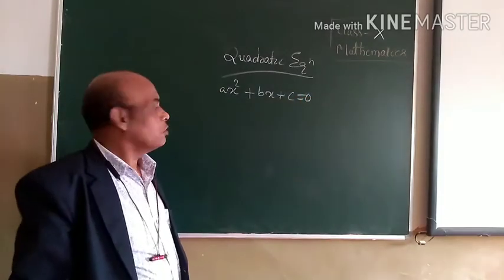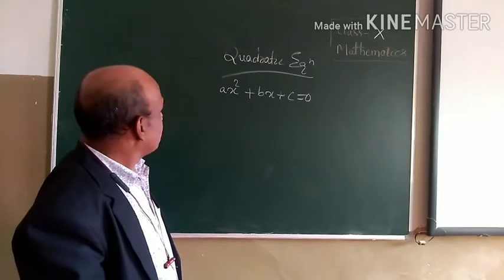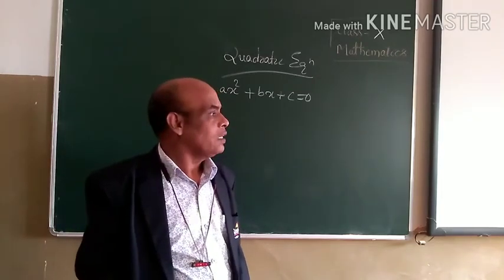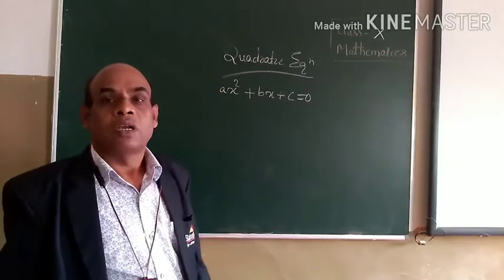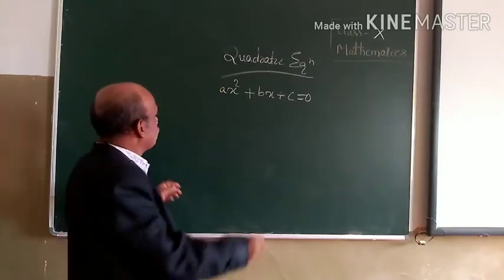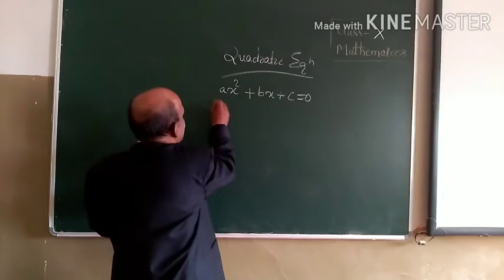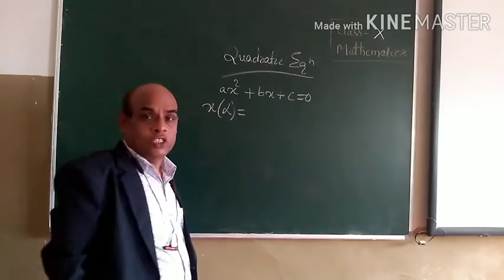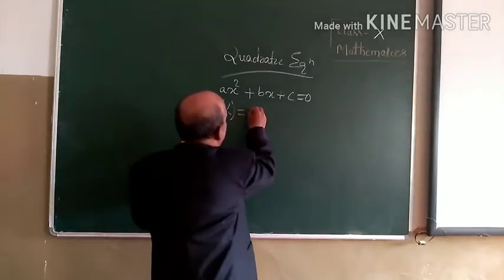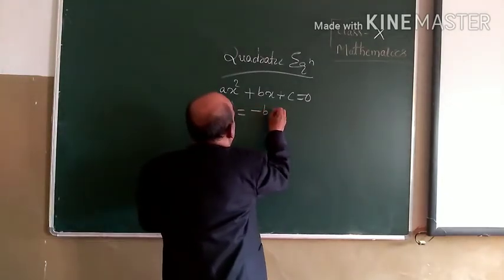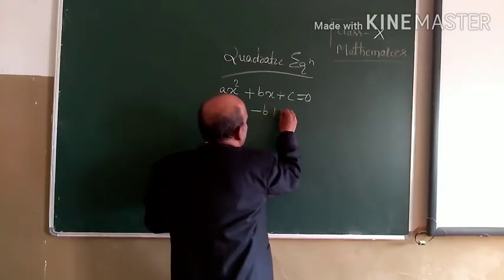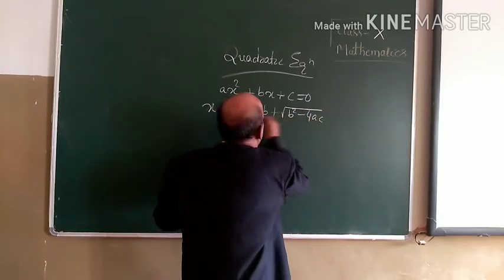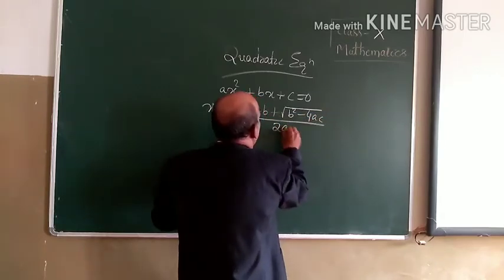This is the standard form, otherwise you can say the general form of a quadratic equation, and its roots we got as x alpha, the positive value, equal to minus b plus root of b square minus 4ac, divided by 2a.